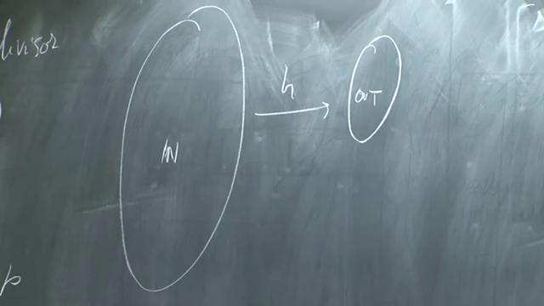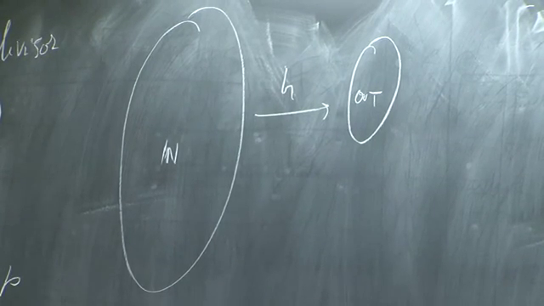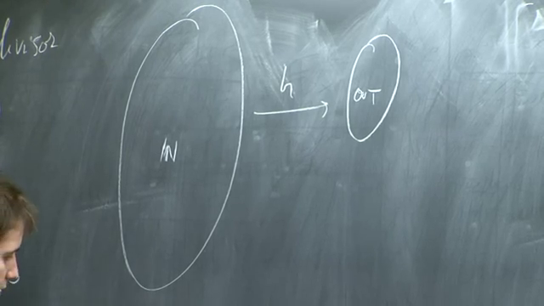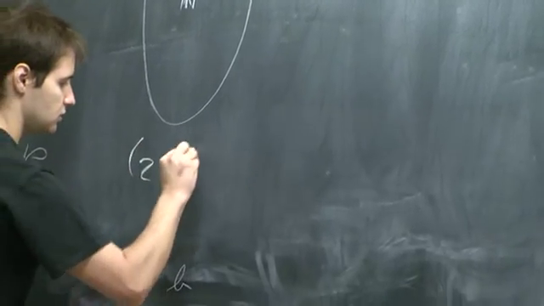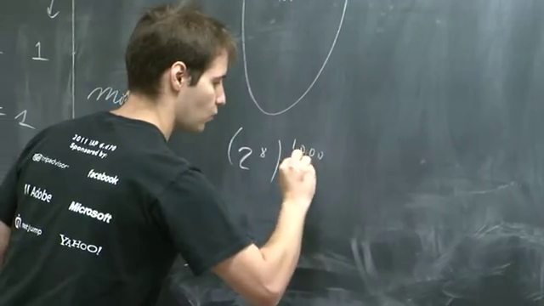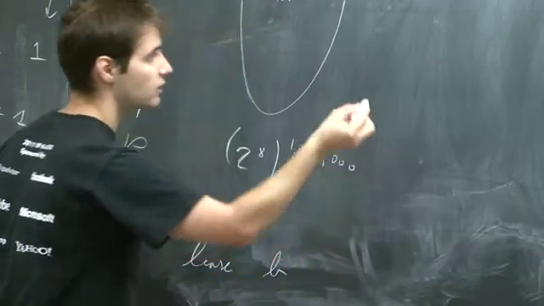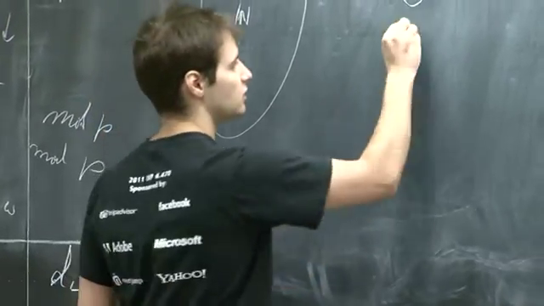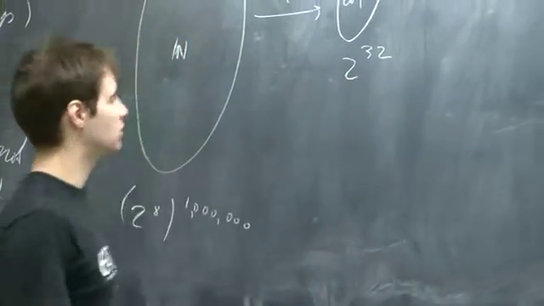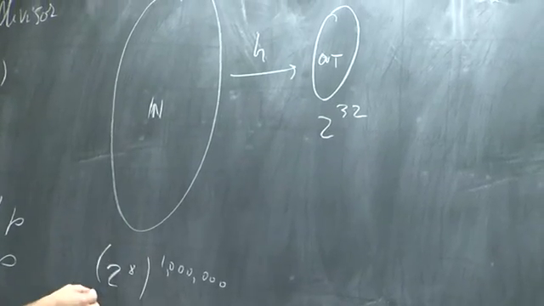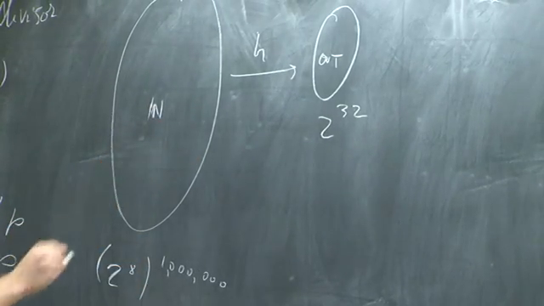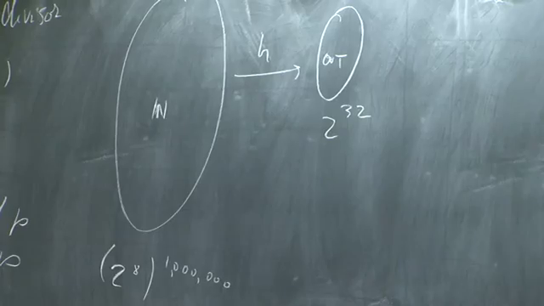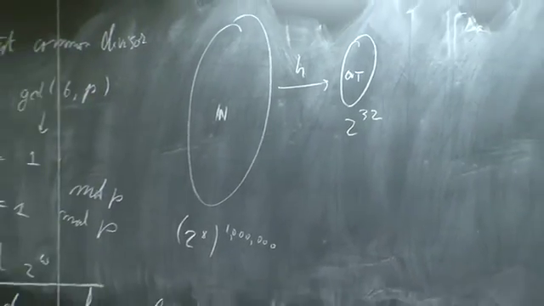For example, if we're hashing strings that are 1,000,000 characters, then this is going to be 2 to the 8 to the 1,000,000 possible strings. And then the number of possible values is, if we're using the word size, 2 to the 32. There's no way we can design a function that will take this many inputs, map them to this many outputs, and not do collisions. But instead, what do we want? What makes a good hash function?